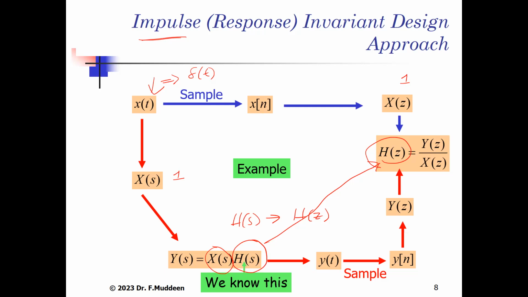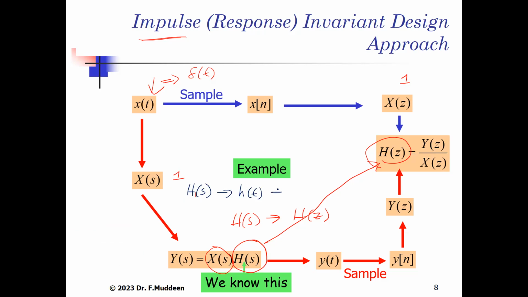All right. So if I were to give you a simple problem and ask you, if I give you H(s), how do you get H(z)? Well, the process, if I were to give you this as a little math problem or a signals problem: from H(s), you need to do an inverse transform to get h(t).